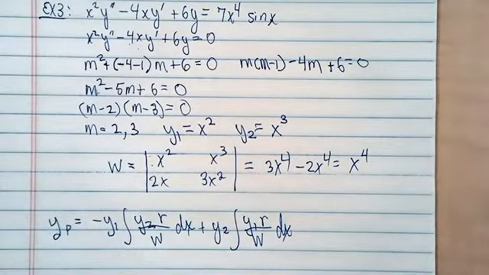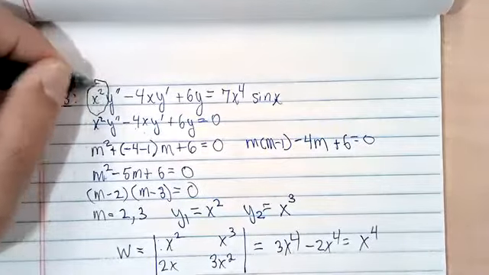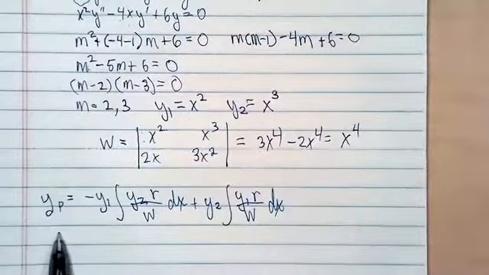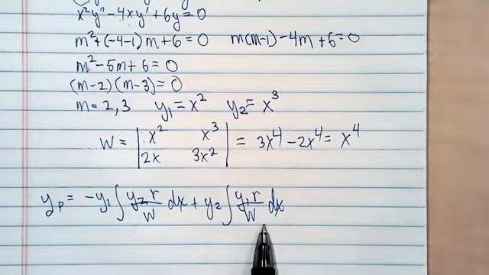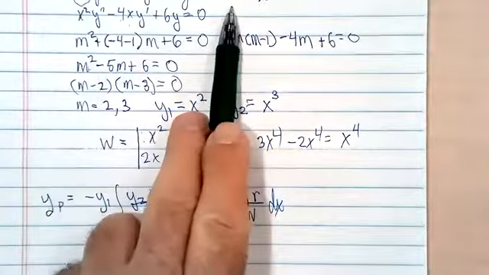And here is why. Notice the leading coefficient on our ODE is not a 1, it's x squared. So in order to apply this formula from variation of parameters, your r has to be the one that comes from having a 1 for a leading coefficient.